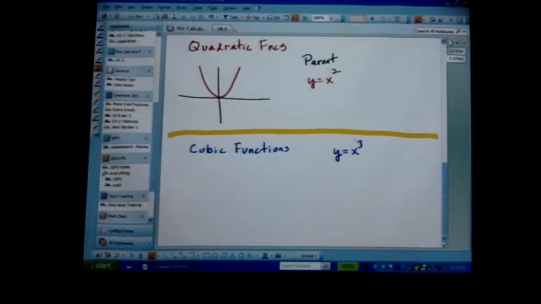You can't get any simpler than y equals x cubed, right? Okay. Now, the graph of a cubic equation, I think, is a real cute little shape. Okay? It looks like this.